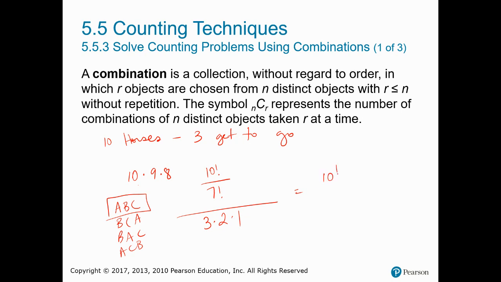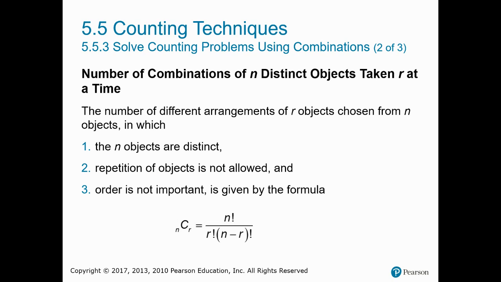So what you get is 10 factorial divided by 7 factorial times 3 factorial. So we're just dividing out the number of times we counted each collection when we did it with order mattering. So we've got n factorial, n minus r factorial, that's the 10 and the 7 still, but then r factorial is how many times I counted each group of r. So that's nCr, which you also saw on your calculator.